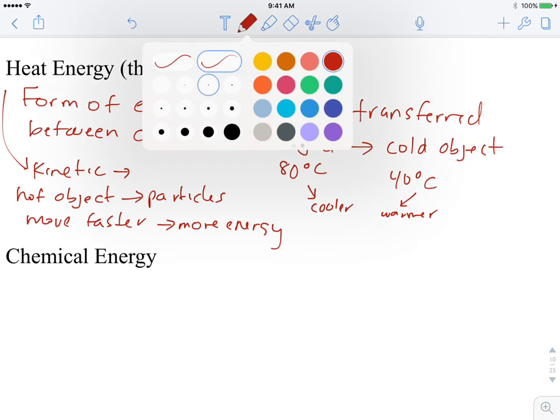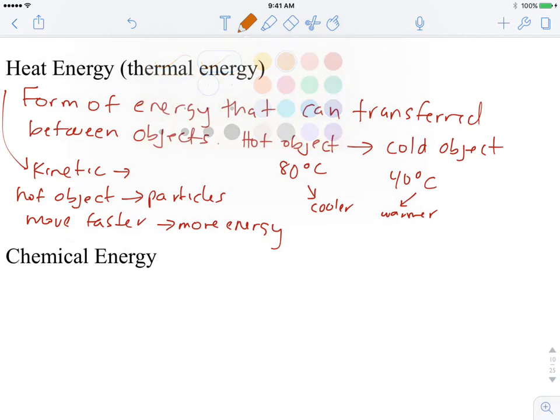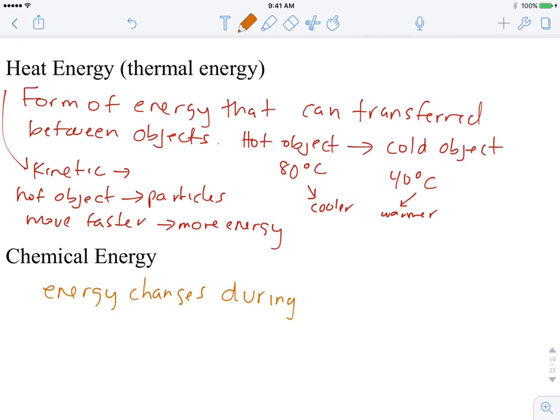Now, you also can have something called chemical energy. Chemical energy is the energy changes during a chemical reaction, or during a chemical change. Whenever you have a chemical change, you have bonds between the atoms that are broken and bonds that are formed.